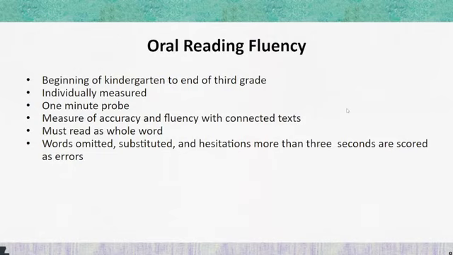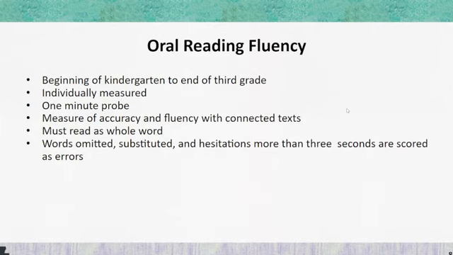We will now move on to oral reading fluency. Oral reading fluency is a standardized, individually administered measure of accuracy and fluency with connected text. It is administered to students in the beginning of first grade through the end of third grade. Oral reading fluency assesses a student's ability to read words in connected text.